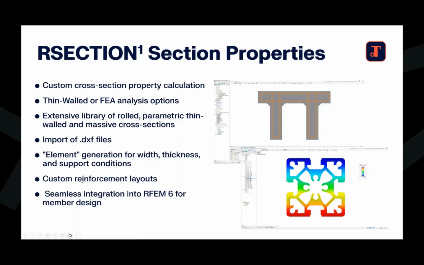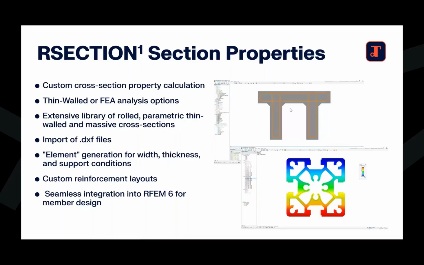Also for massive sections, you can go ahead and define the custom reinforcement layout. So we may have a very complex massive section here. You have the ability to define both the shear and the longitudinal reinforcement. And this way, when you bring this cross section into RFEM, we can also carry out the design here of the concrete member according to the ACI and CSA standards as well.